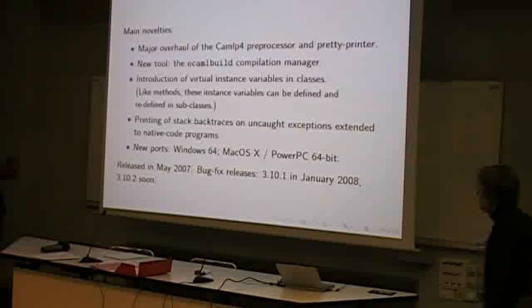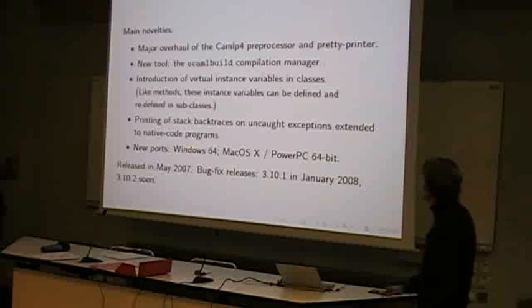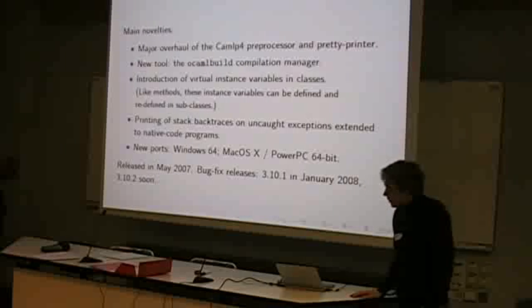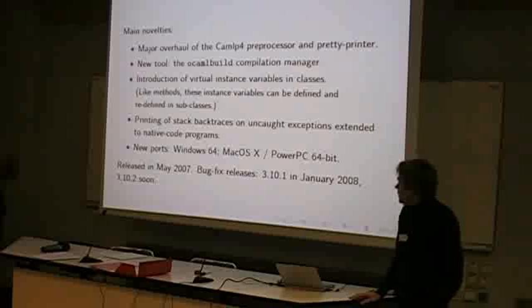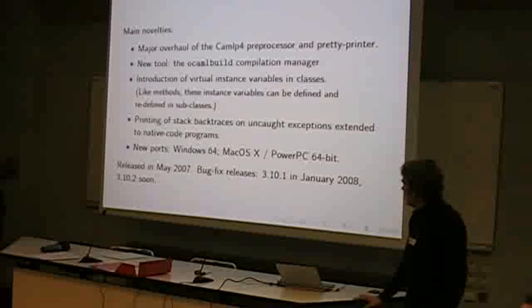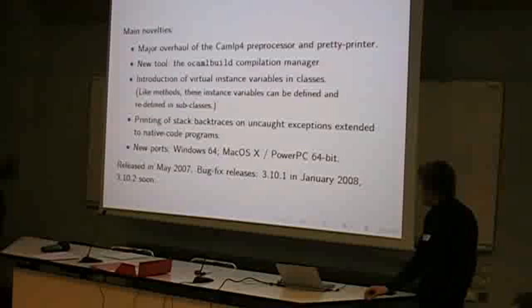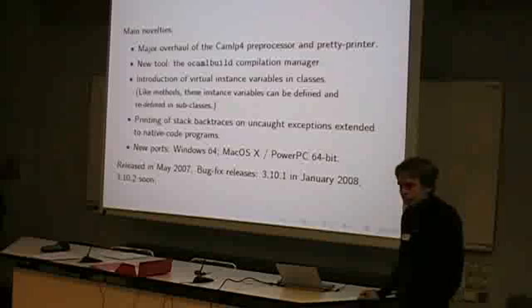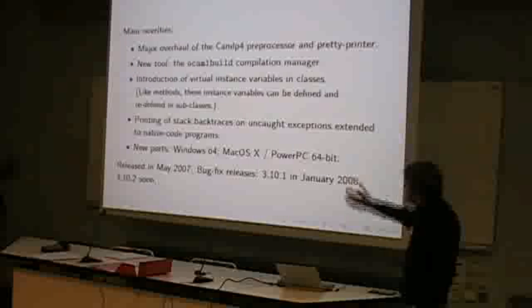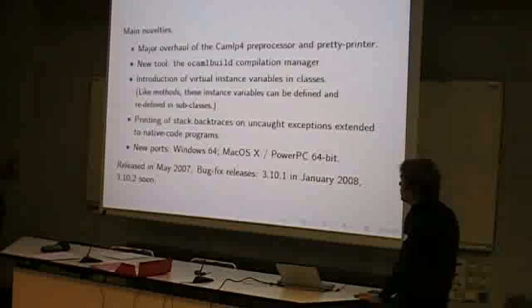So this should be familiar to most of you. We're currently at release 3.10, which was released in May 2007, with a bug fix release a couple of weeks ago, and the second bug fix release coming up very soon. So just to remind you of the main novelties.